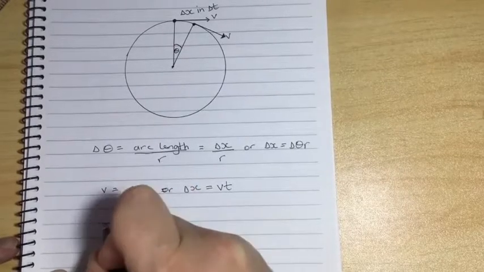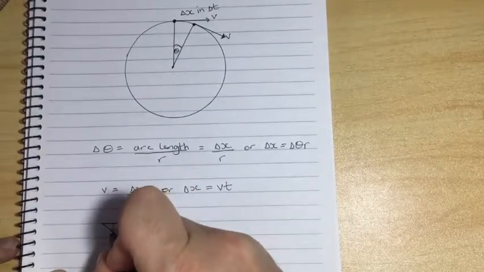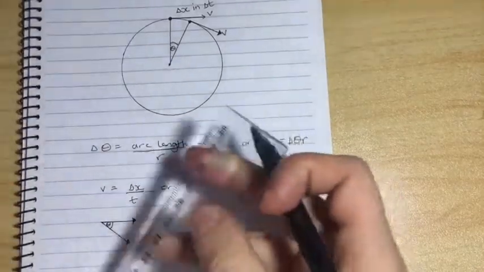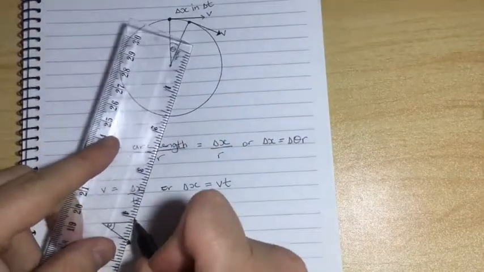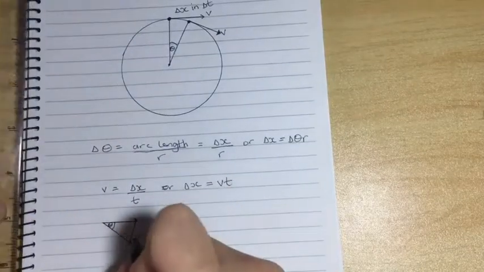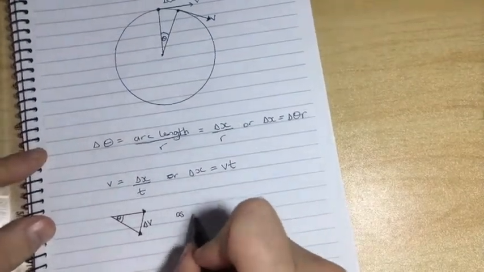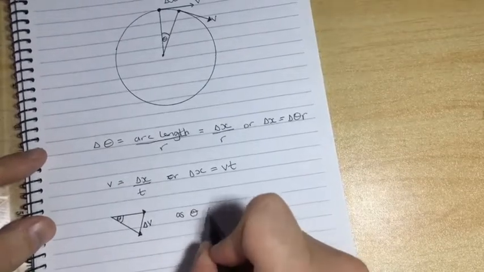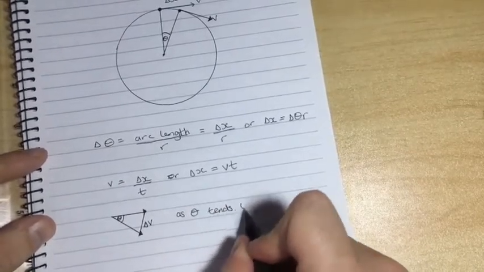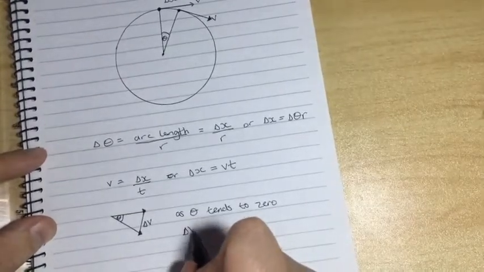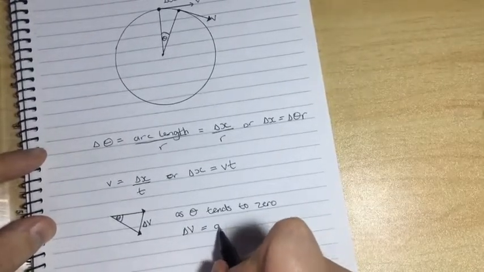What we're saying is that as theta tends to 0, as it becomes really small, this distance here, delta v, is equal to the arc length.